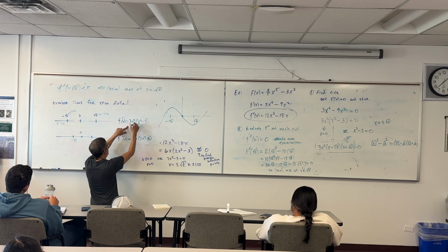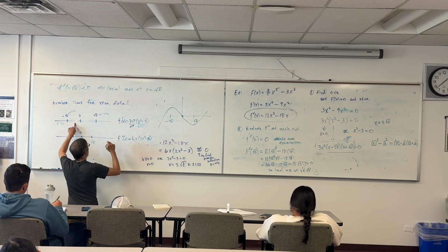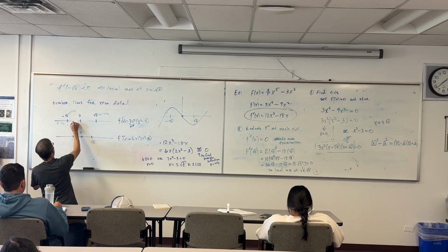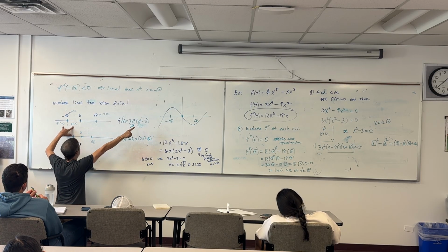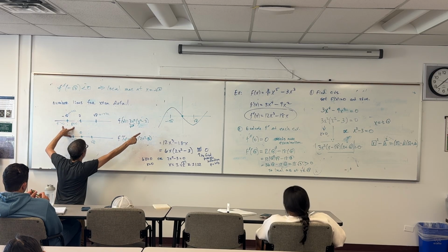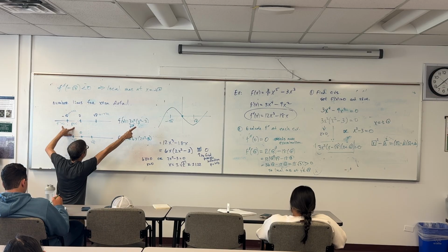What about this other factor? Do I have to stress about this ever? No, that's always positive. So in here I've got a negative number, so f prime is negative. We kind of knew that because we knew there was a max there, but we're just validating that information. See how the first derivative test gave us that?